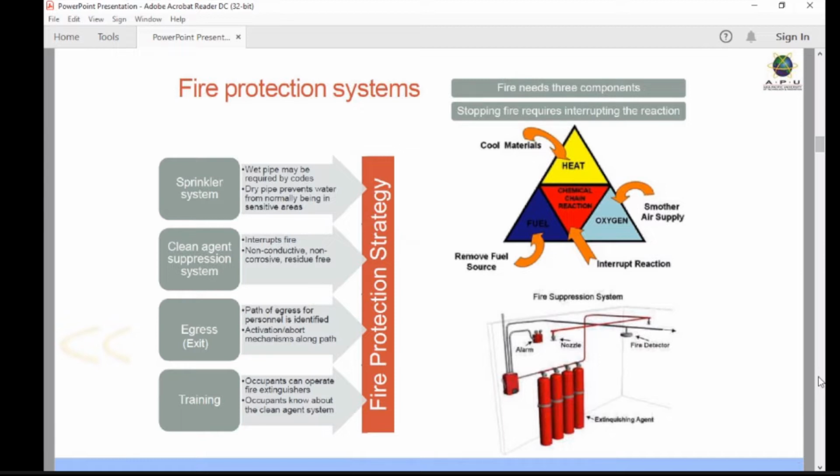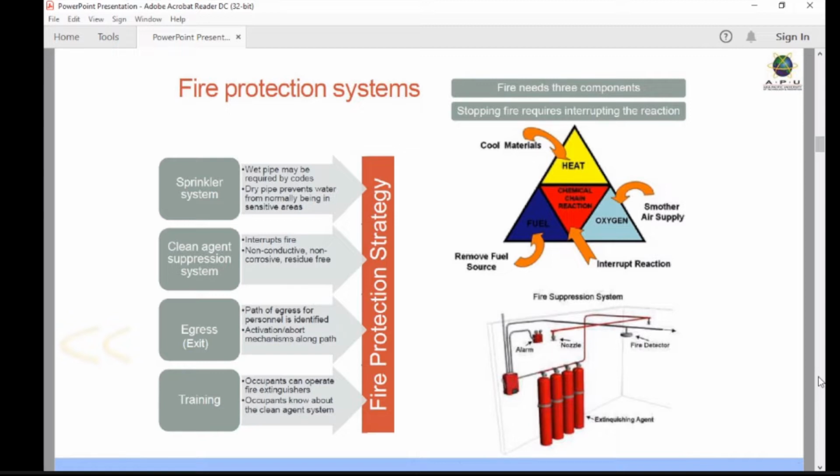Egress means exit. I talked about this in the previous class as well. The first thing they will train you is the exit, okay, in case of fire how to stay, where to gather, where the exit doors are, a kind of training, the first thing at your workplace, okay.